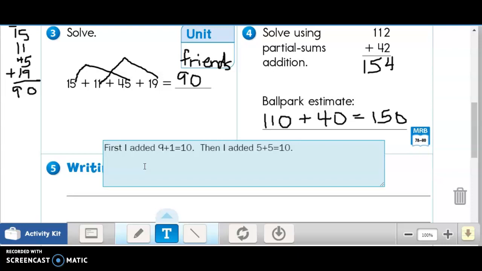And then I went to the tens place and I added 10 plus 10 plus 40 plus 10 equals 70.